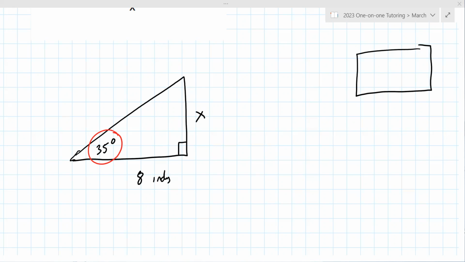It would be tangent. Okay, I think I got it. How to do it now.